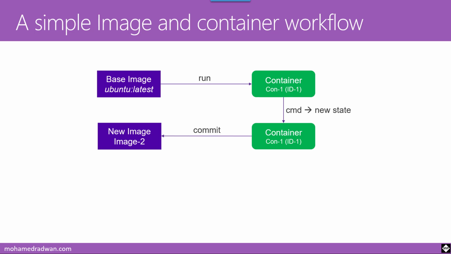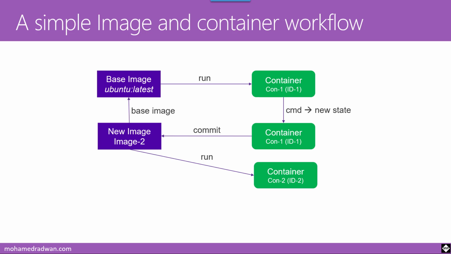If I commit these changes, I will have a new image, which is a new layer on top of all the previous layers, which refer to the base image that I created the container from. This is why if I run a new instance from image 2, it will give me container 2 with a new ID, and this container will include the changes that I committed from container 1, because I created it based on image 2.